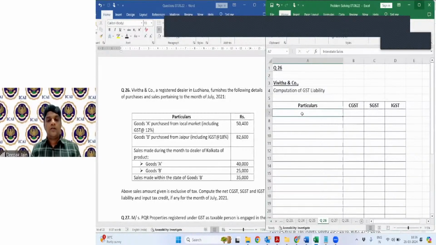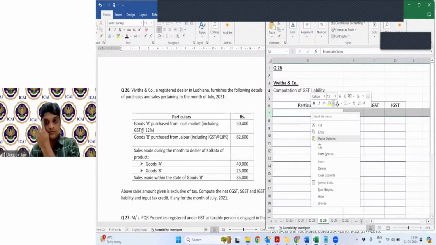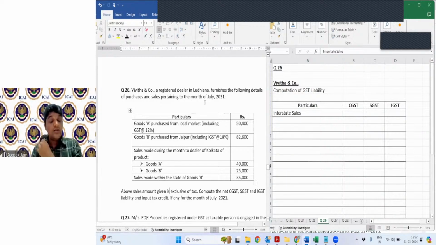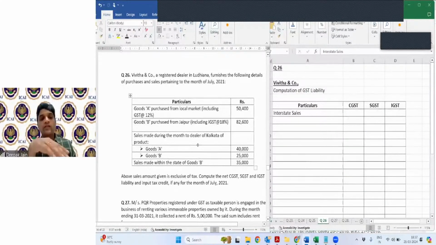Okay. Interstate sales, first they have made. Even though they have given purchases in the question, we will calculate sales first, then the input tax credit. So interstate sales, because they are in Ludhiana and they have sold to Kolkata.